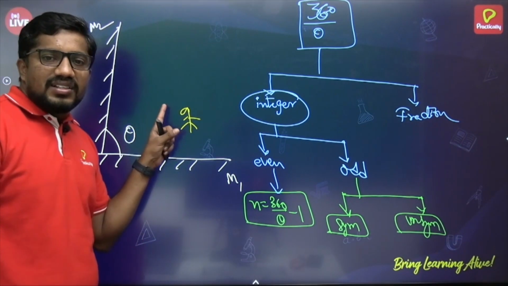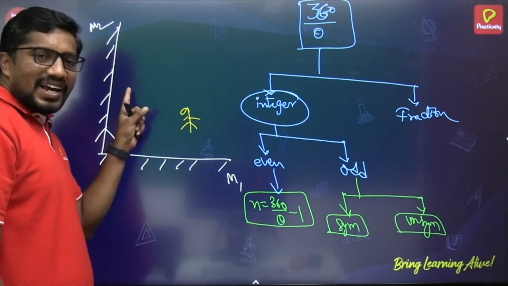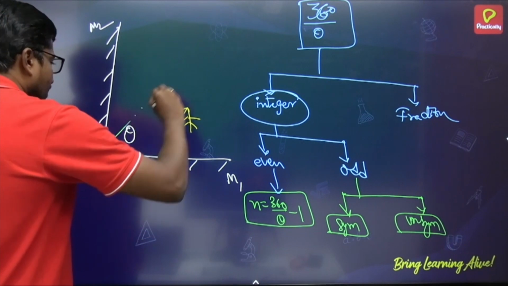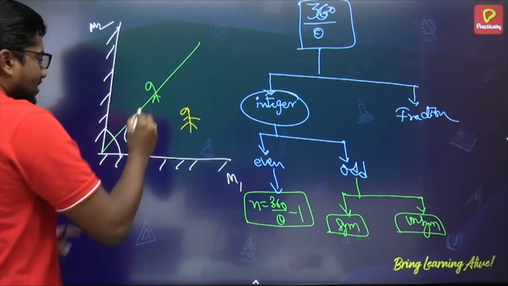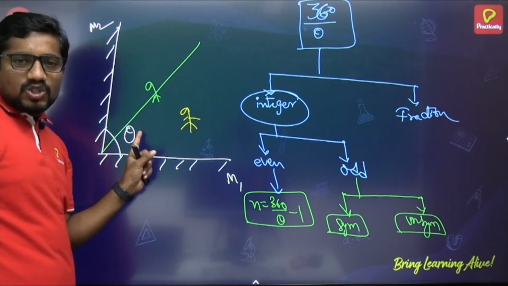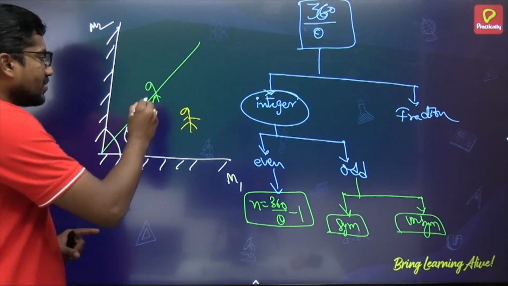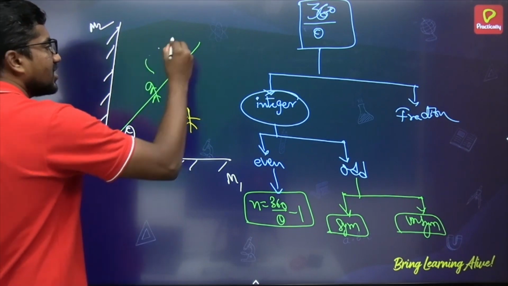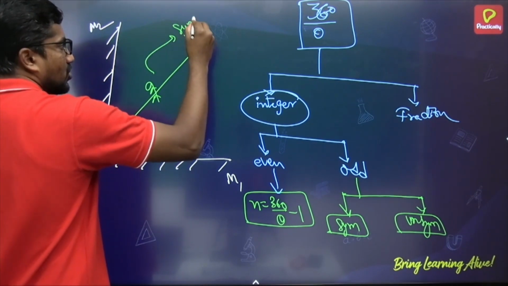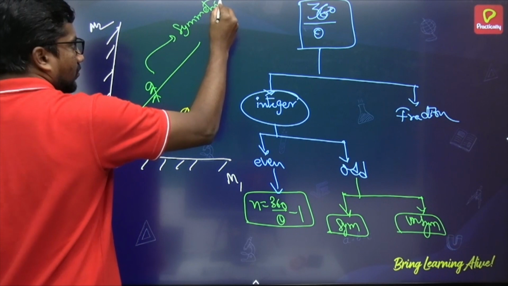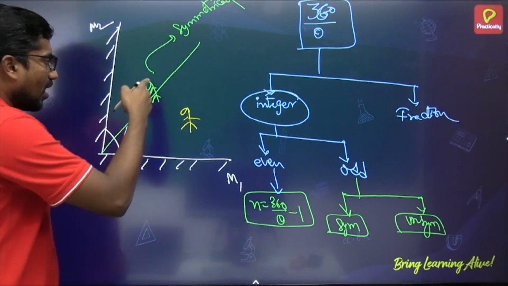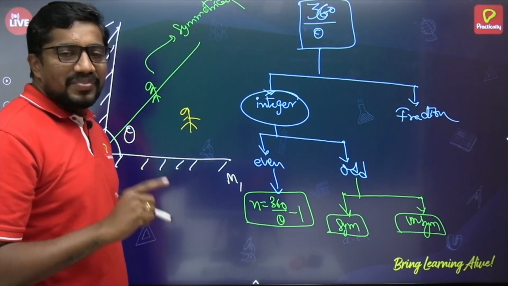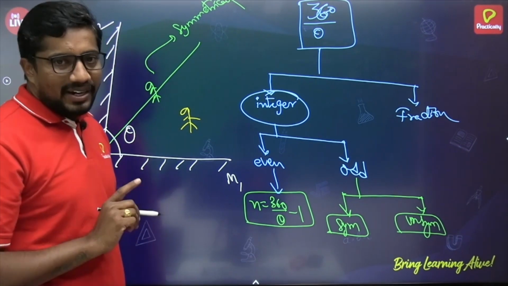Whatever the object between these mirrors, if it lies on the angle bisector of these two plane mirrors, then we say this position is symmetrical. But if the object is not lying on the angle bisector, then we say that is an unsymmetrical position.